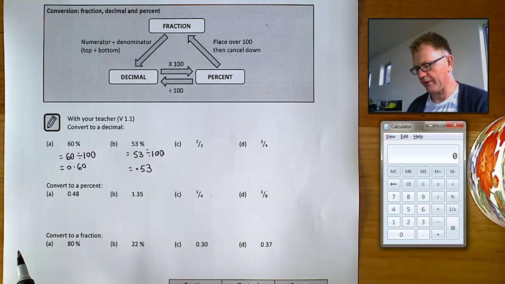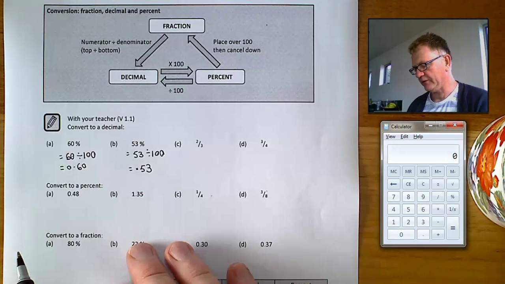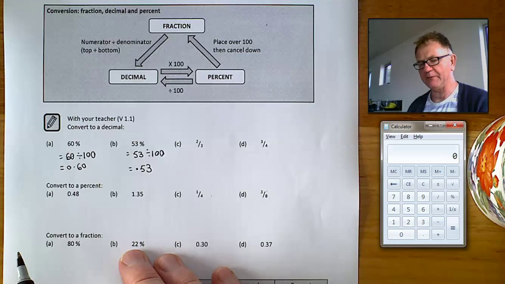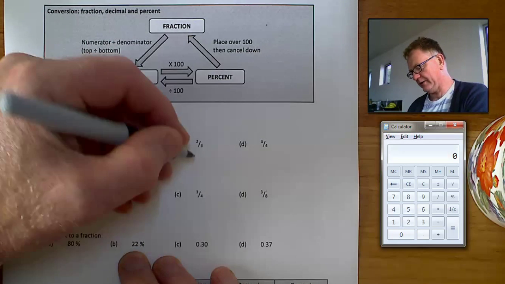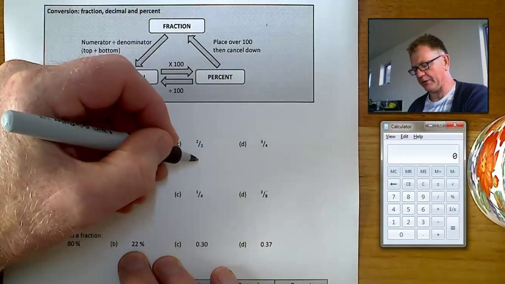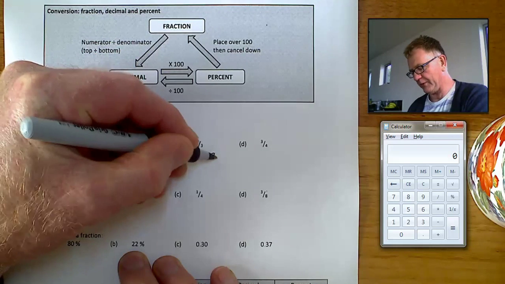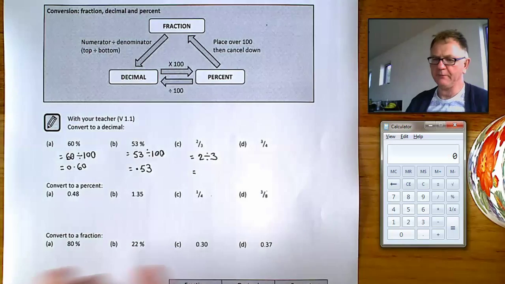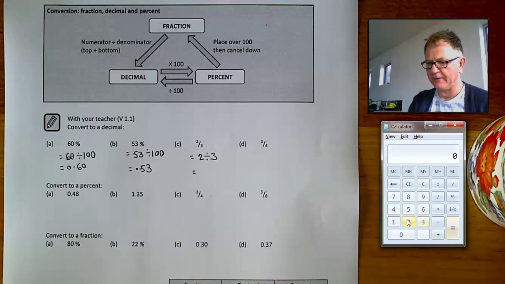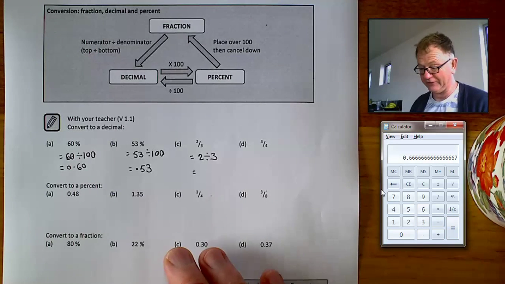The next questions are about changing fractions into decimals. Now, 2/3 or 2 out of 3 means 2 divided by 3, and that's how you change it into a decimal. So divide the top by the bottom, or divide the numerator by the denominator. 2 divided by 3, and for that it may be best to use your calculator. 2 divided by 3 equals 0.66666, and so on.